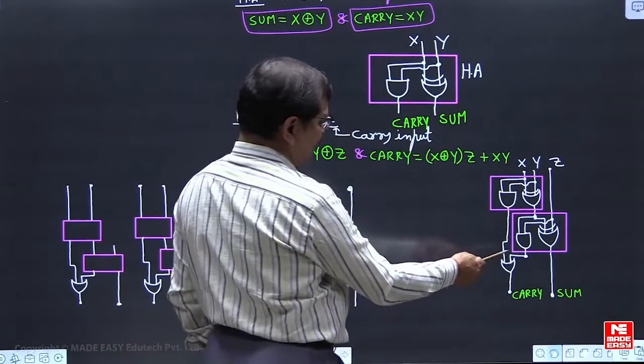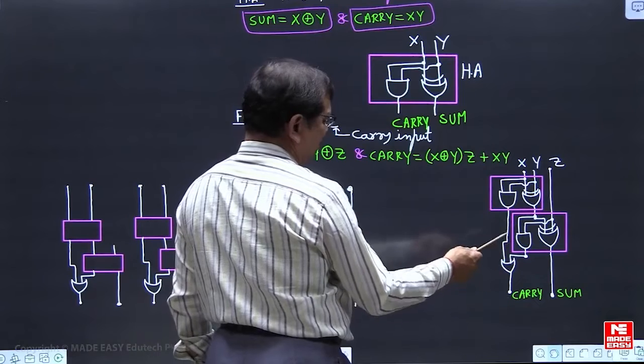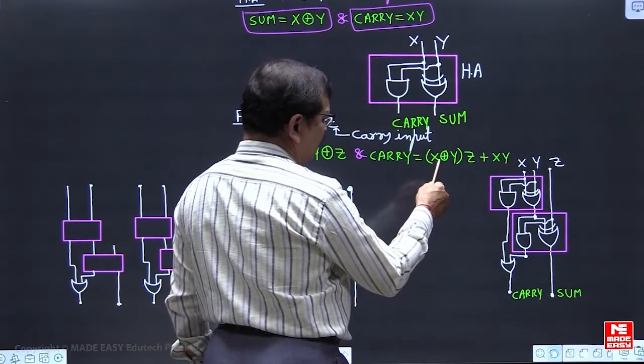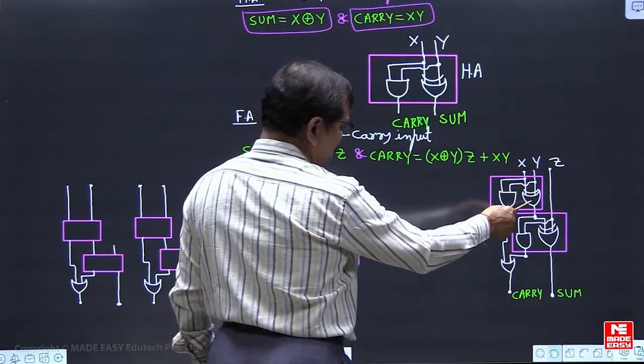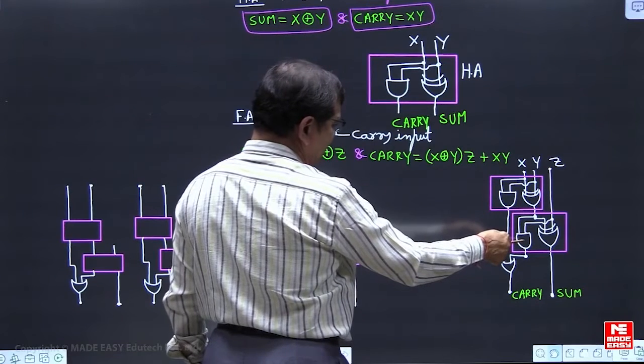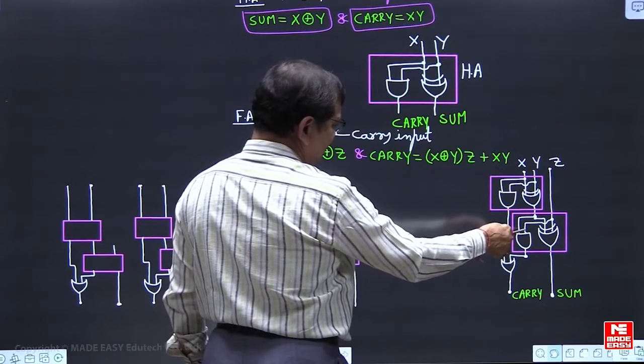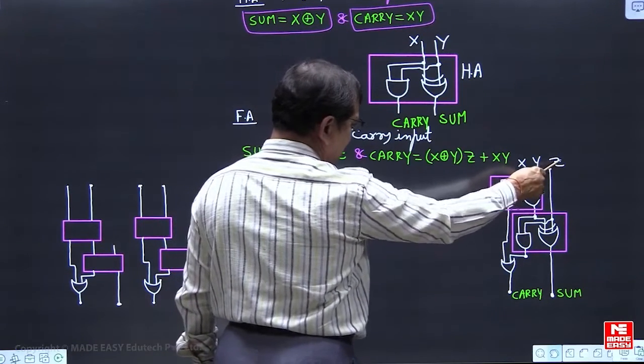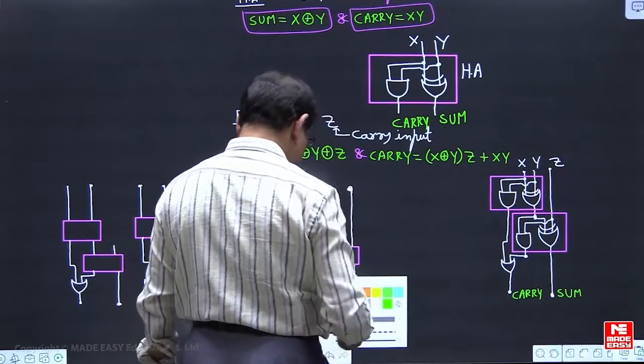Coming to the carry equation, x XOR y is one input to this AND gate, and the other input is z, the carry input.